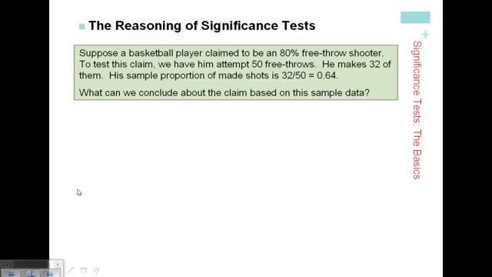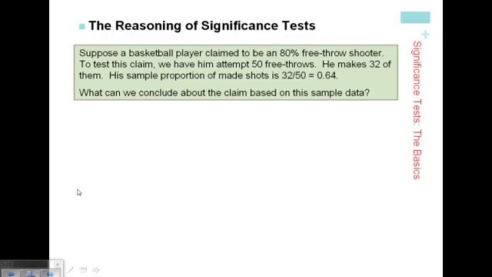Let's say Jason says, I'm going to have you do 50 free throws. And then the question is, from those 50 free throws, what if I make 32 out of 50? Jason, would you accept only 80% or above as being evidence for the claim I'm an 80% shooter?